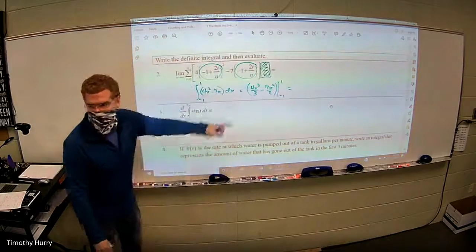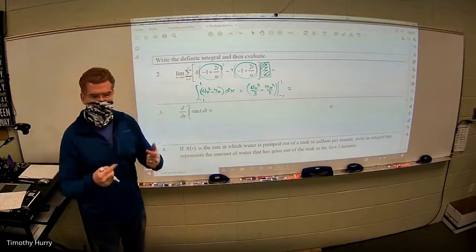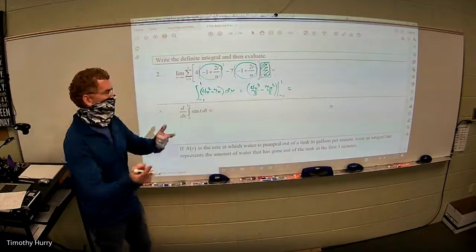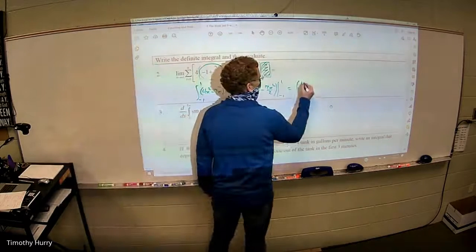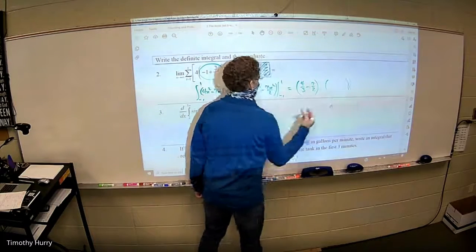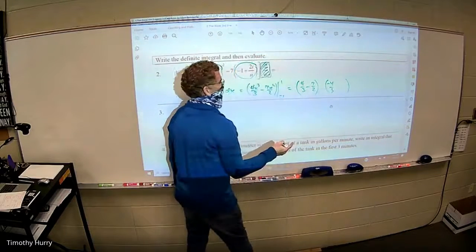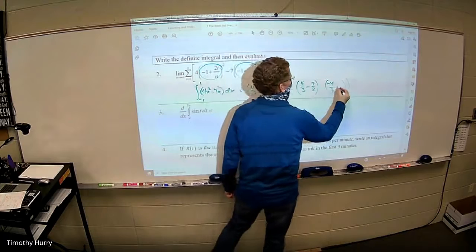I want to write that expression, and then I want to apply the fundamental theorem, which says once you have your integral, you plug a 1 in, 4/3 minus 7/2. You plug a -1 in, -4/3 minus 7/2.